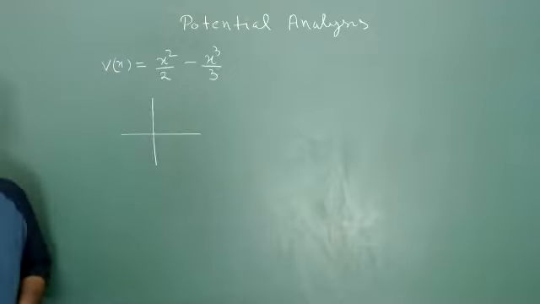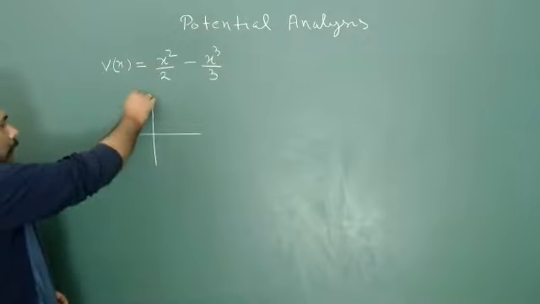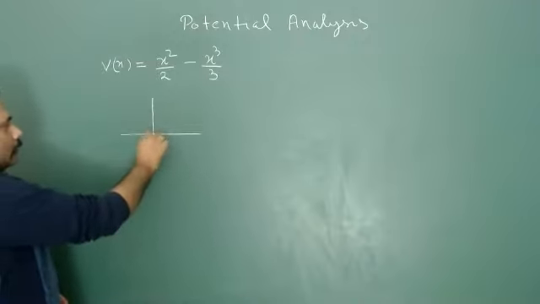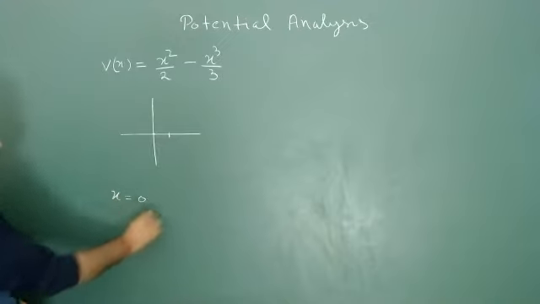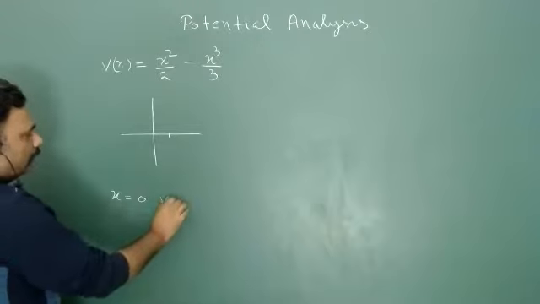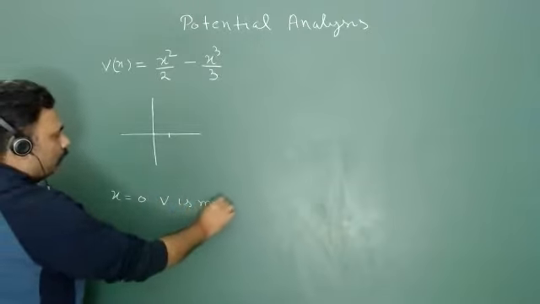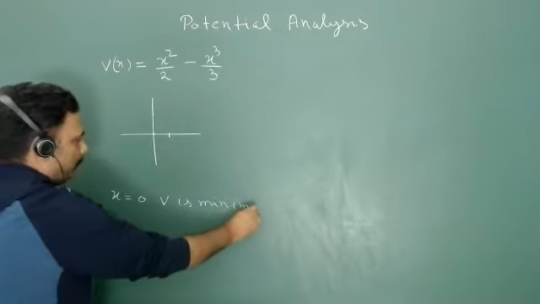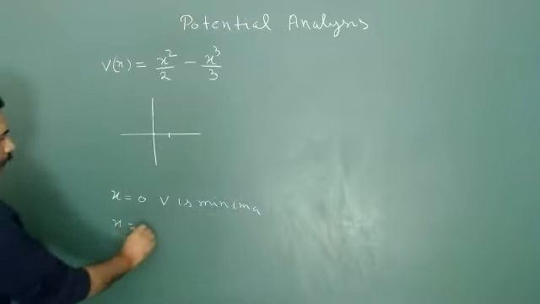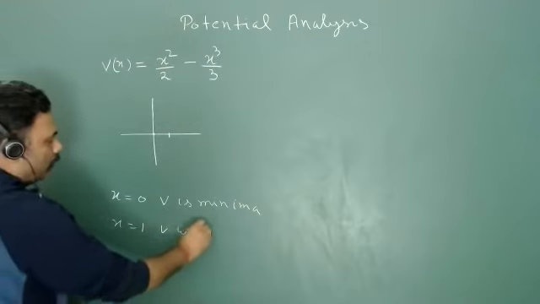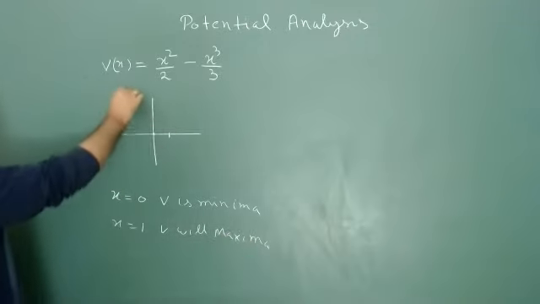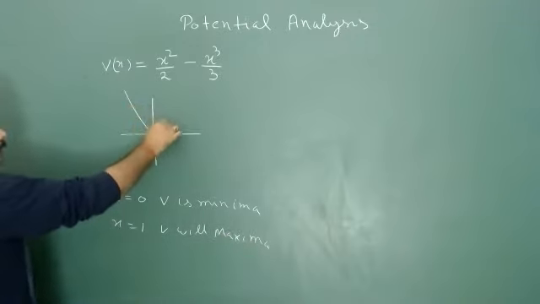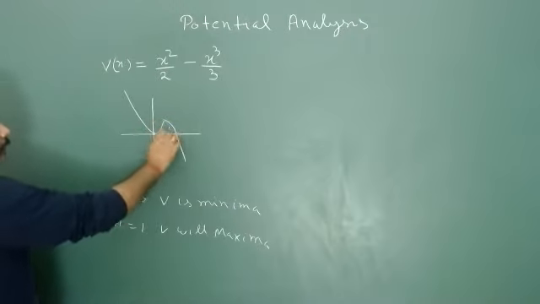At x equal to 0 it has a minimum, so we can see that V is minimum at x equal to 0, and at x equal to 1, V will be maximum, and the maximum value is 1 by 6. So I think this potential is something like that. Okay, I can plot something like this.